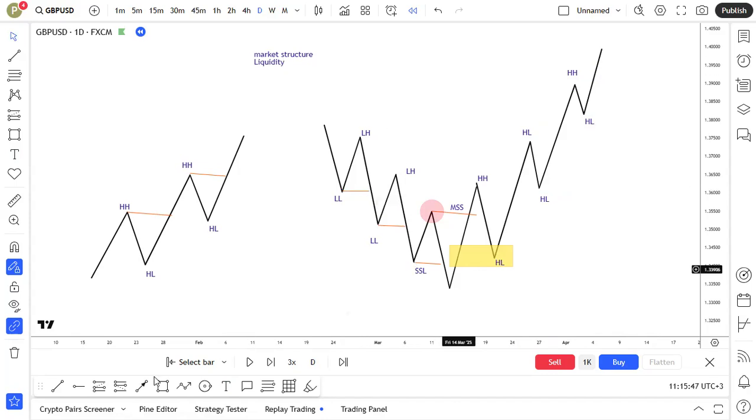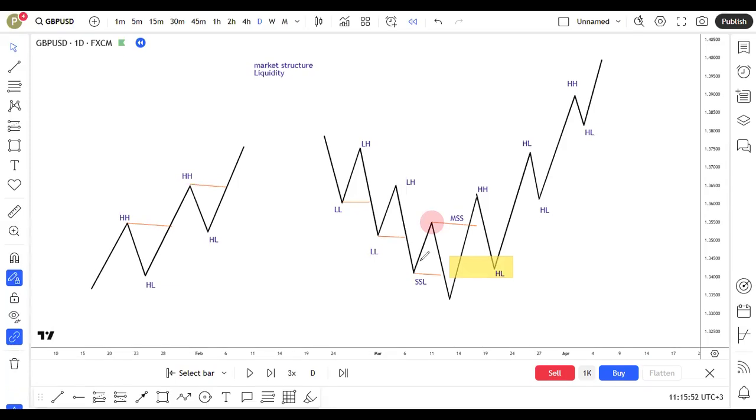Just like what I've explained here, price created the sell side liquidity here. This was sell side liquidity. Why? Because price swept this lower low and didn't respect the lower high. We expected price to respect this lower high if this was going to be our true breakout structure.